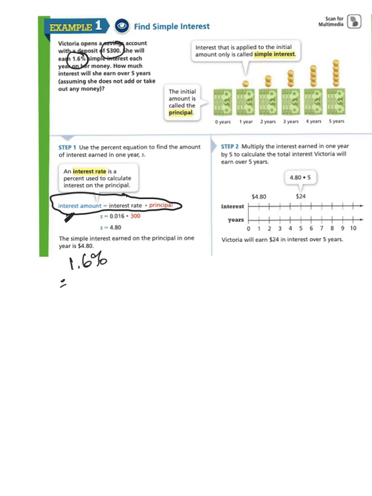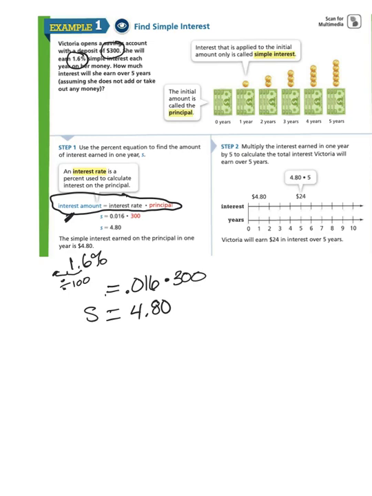Remember, we divide by 100, or move the decimal point 2 places to the left. So we have 0.016 multiplied by 300. When you type that in your calculator, you are going to come up with $4.80.